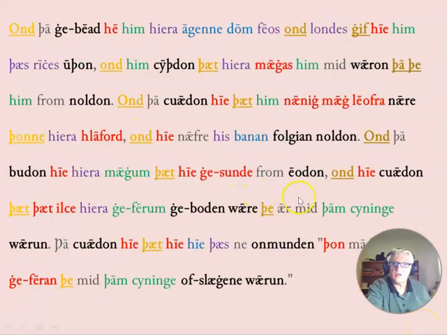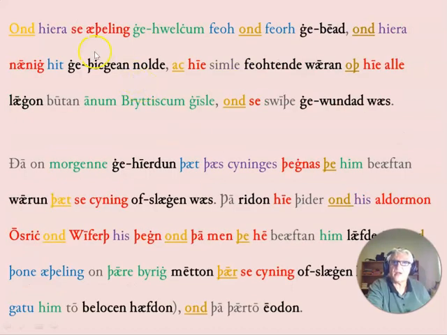Did I go too fast? Whoops, I might have gone a little too fast there. Again, some more examples and see how verbs are getting pushed to the end, or they're in second place. On they're the king, okay?